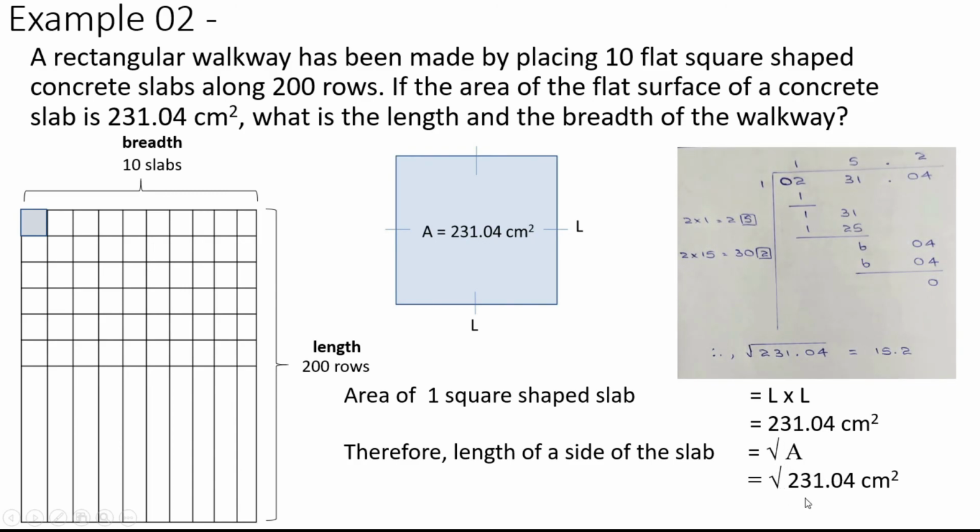You can find the square root of this using the division method, and you get 15.2 as the square root. So the length of one side of this slab is 15.2 centimeters. Now that you know the length of this side of the concrete slab, you can find the breadth and the length of the walkway. Let's see how to calculate that.